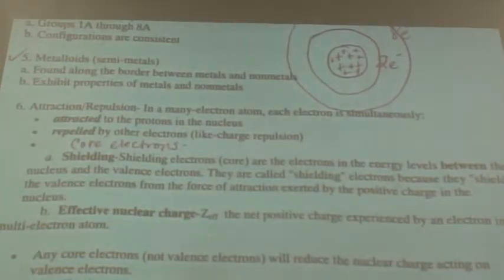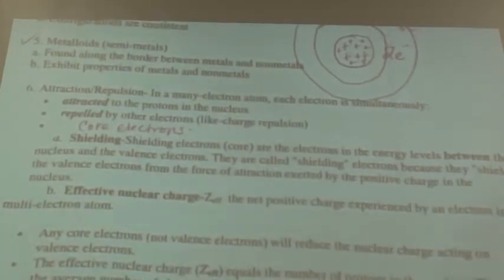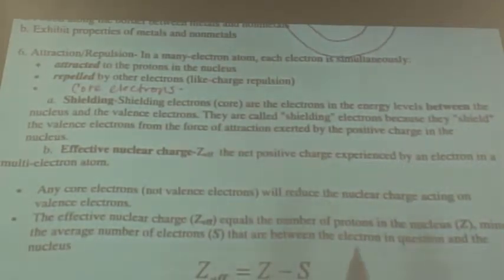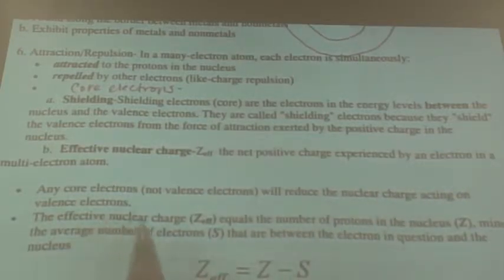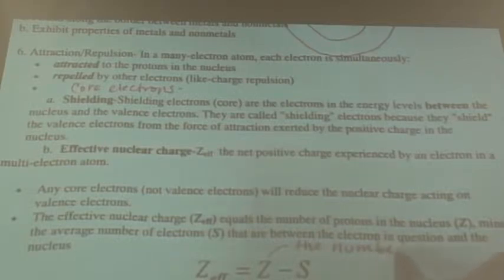So, any core electrons will reduce the nuclear charge acting on the valence. The effective nuclear charge can be simplified. It's not really like this, but for our purposes, we can simplify it to something that approximates this. The effective nuclear charge is equal to Z, the number of protons, minus S, which is the number of core electrons.